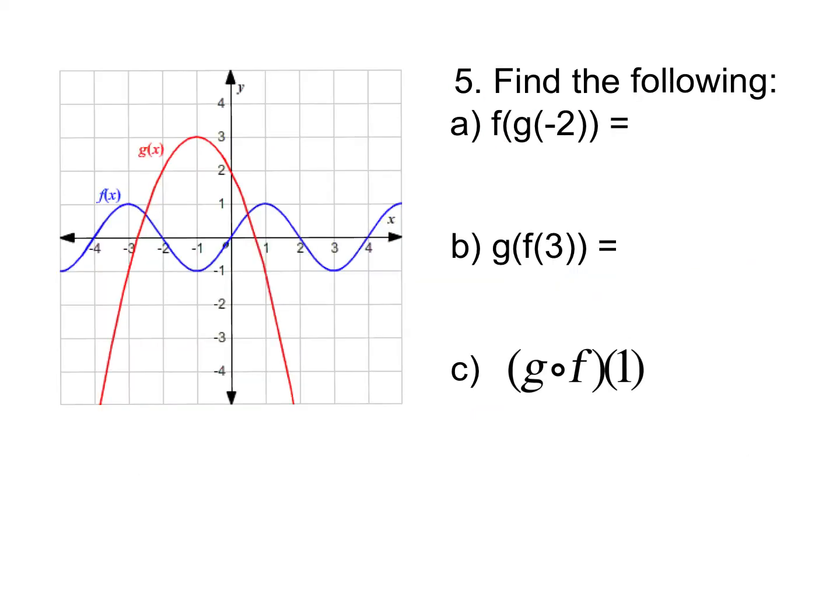All right, this is really similar, but we're just using a graph. So again, we have our in and our out. My in is g of negative 2. I'm going to actually change the color to match the graph. So my red graph is my g, my blue graph is my f. So g is my in for this one, and then my out is my blue.